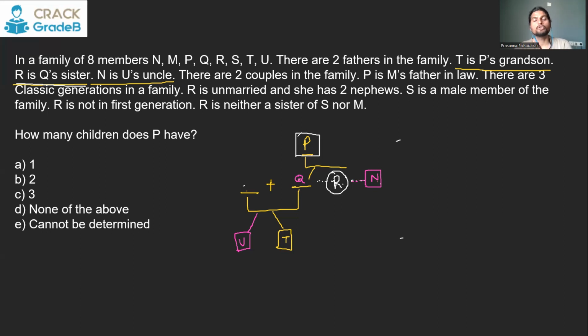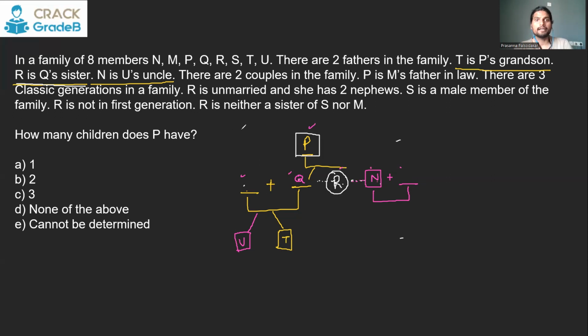But now we don't have two couples here. We have to show two couples as well. So the problem is, if we have to show two couples, then 1, 2, 3, 4, 5, 6, 7 members are already there. So that will make N also part of a couple. So now we have 1, 2, 3, 4, 5, 6, 7, 8 members.